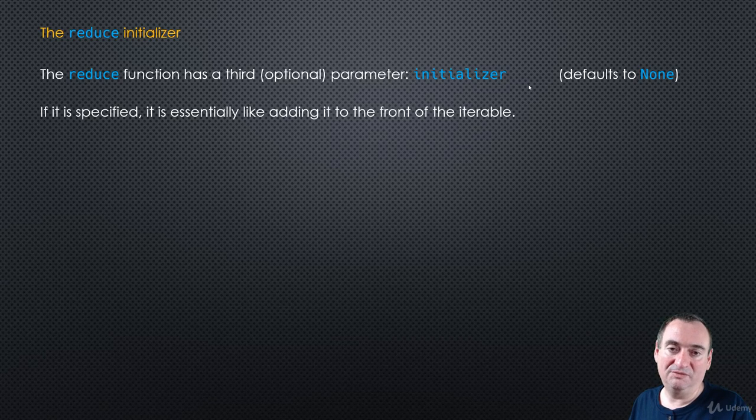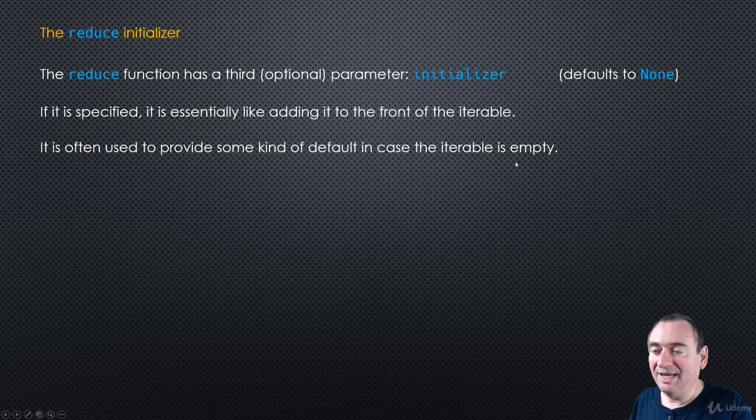Use this initializer value instead, and then do the same thing, applied to all the elements of the iterable. So it's like adding a value ahead of the elements of the iterable, and then Python will use that as its start value as it starts doing its recursion.